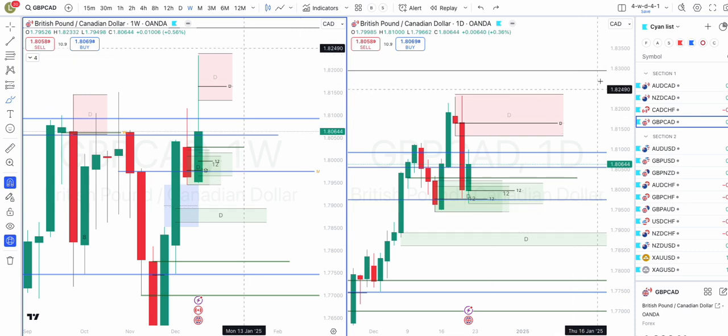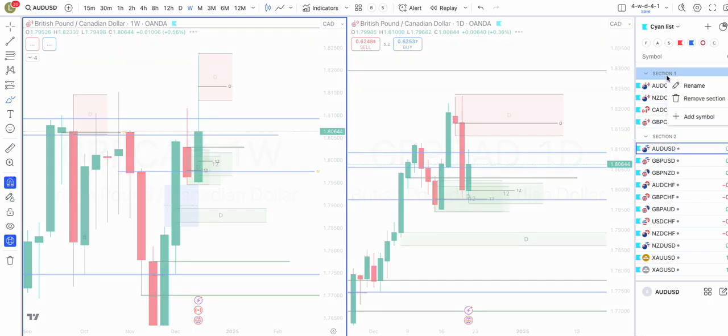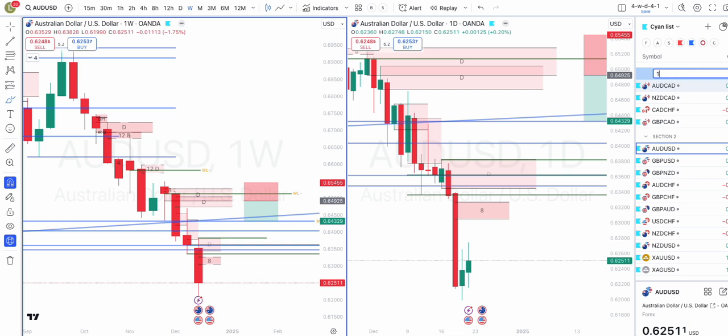So that's why I think these are very strong patterns here. You can choose whichever you want to trade, but this would be my first watchlist, like my first priority, right? So let's rename this to first priority.